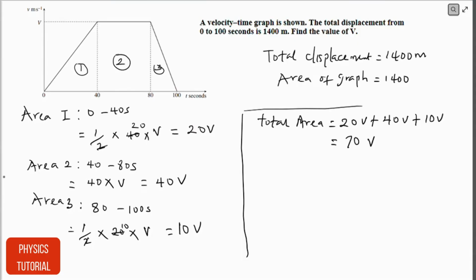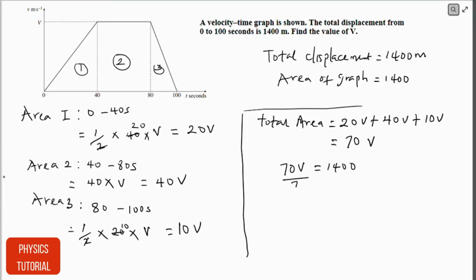Our next step is to equate this total area to displacement, which is 1400. So therefore, we have 70V equal to the total displacement, which is 1400. Next step, we find V, so we divide both sides by 70.